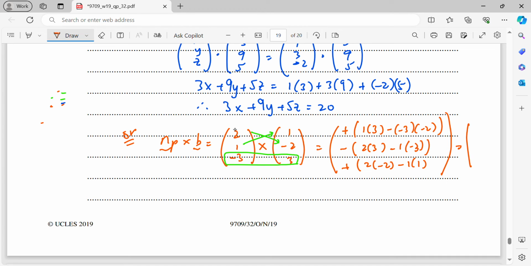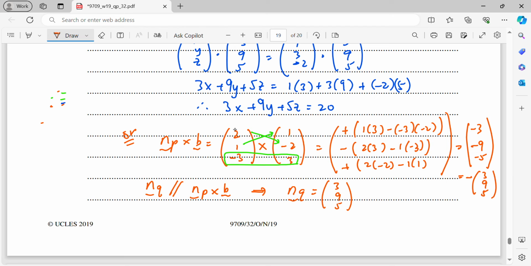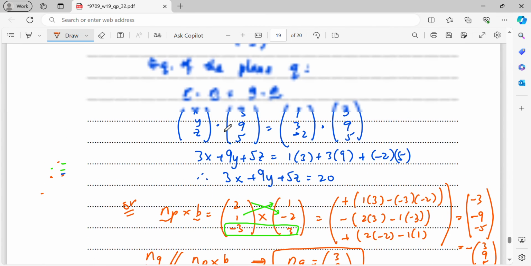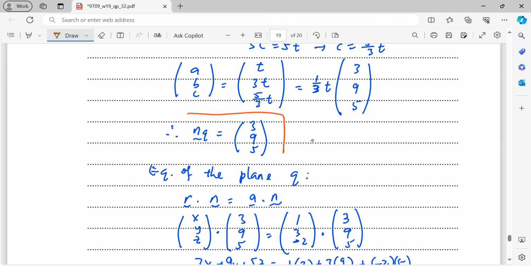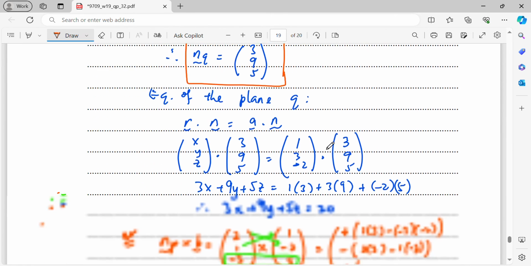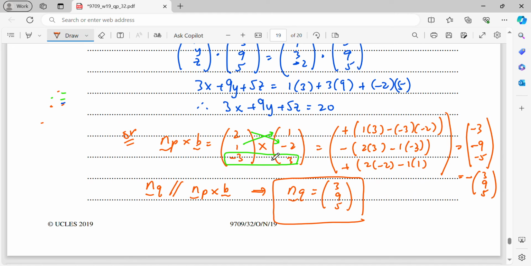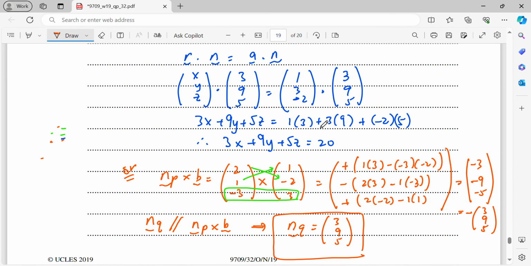Then here, you will be getting minus 3, minus 9, minus 5. Then I will say that my NQ is parallel to NP cross B, which means my NQ is basically (3, 9, 5), because you can factorize the minus. So this NQ is exactly the same as the NQ over here. So that is the shortcut. But we are using the cross product, and again, the cross product is in further maths right now. Alright, so that's all for this solution.